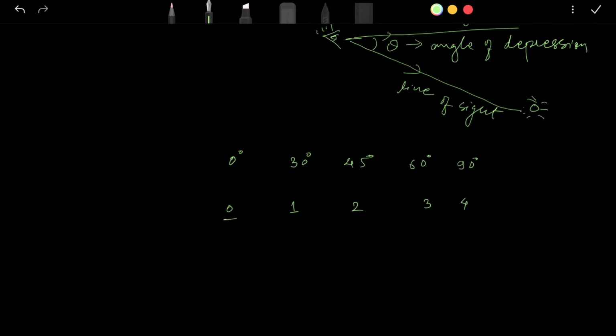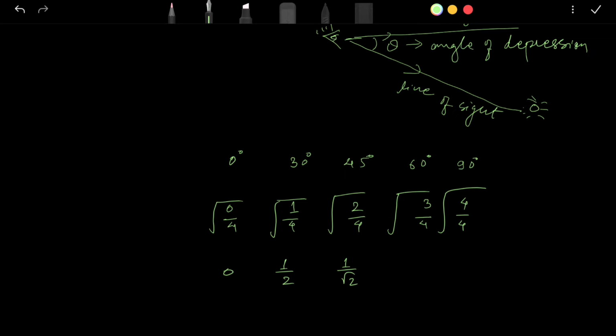We divide all these numbers by 4 and then put all of them inside the square root. Now 0 divided by 4 comes out as 0. From here 1 by 2, from here 1 by root 2, from here root 3 by 2, and here we get 1.